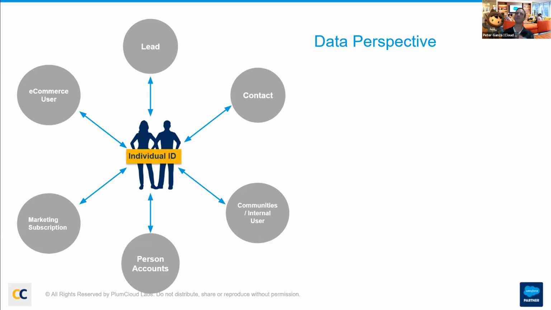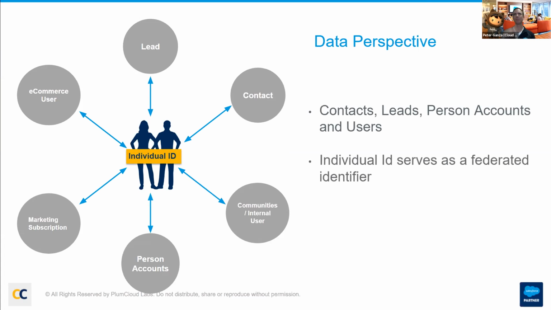Salesforce came out with the individual ID, or the individual object, and it serves as the unifier, the federated identifier. This is the area where we provide the most value. We automate the creation of this. That's not the point. You can build it manually, and there are ways to do that.